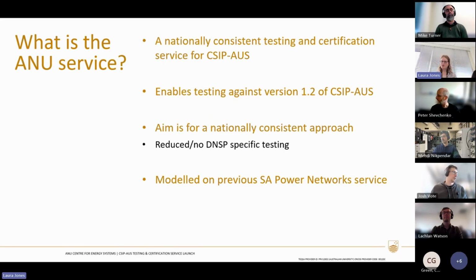We've modelled our processes on the previous SA Power Networks testing process. So for those of you who have done SA Power Networks certification testing, we expect that the framework will be very familiar to you.